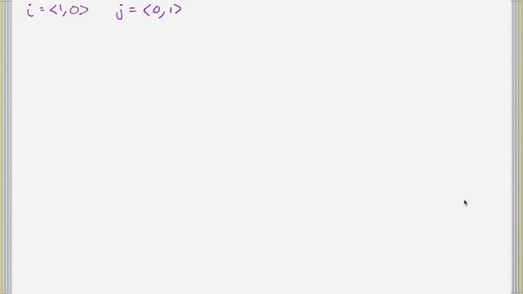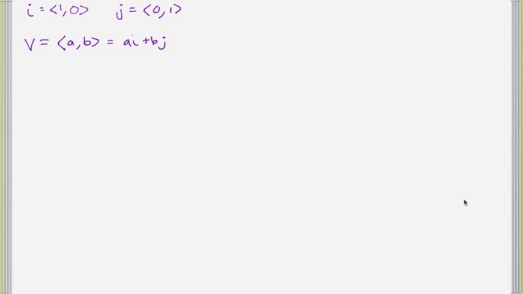Then what we can do is write any vector which has an a and a b part as ai plus b times j. The a is just the x component part, and the b is just the y component part.